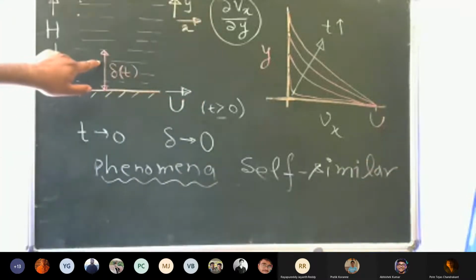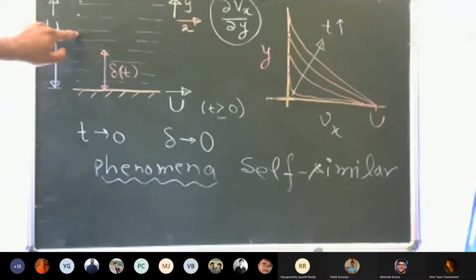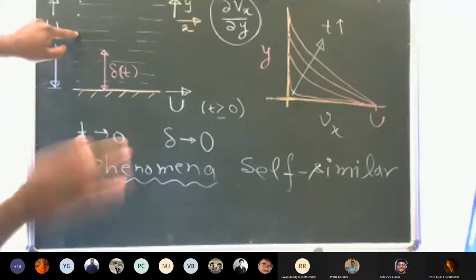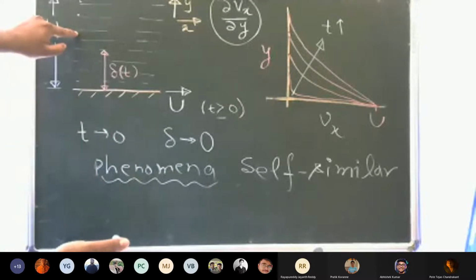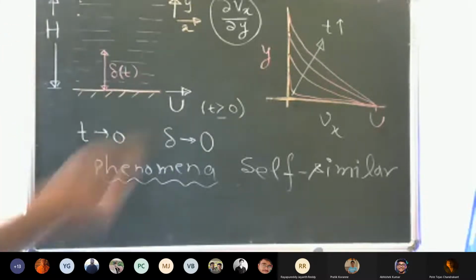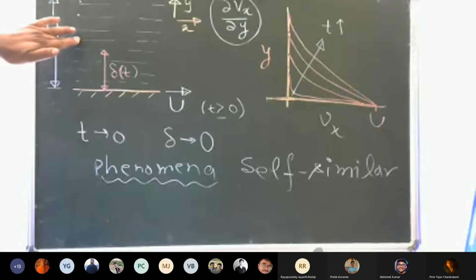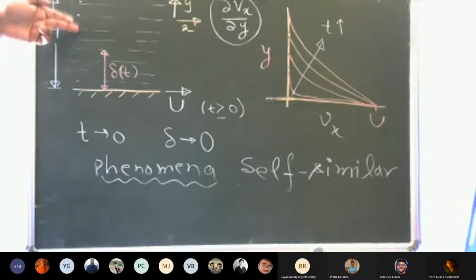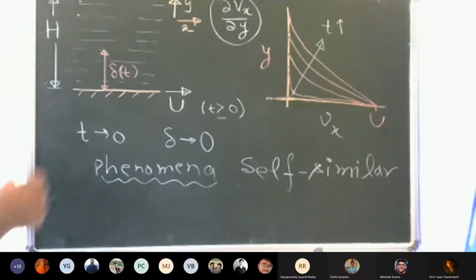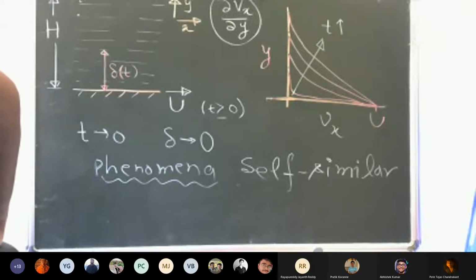So if this layer attains u by 2 at some time, then the layer above it will attain the same u by 2 at some later time. Whatever happens with each layer, the same thing is going to occur with the layer above it at later times. Such a phenomenon is called a self-similar phenomenon.